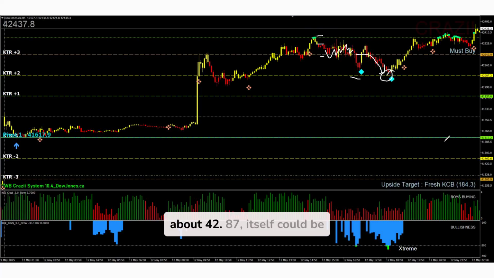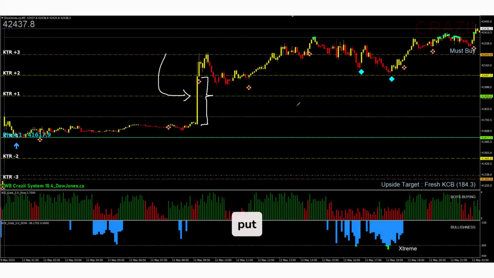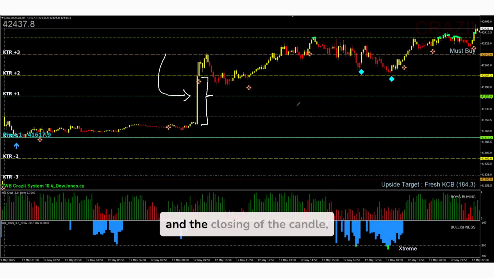I told him that 42.87 itself could be there, but I gave him another number. Everybody, I don't mind if you try this. Look at this particular candle. You take the opening and the closing, and look at the size of it. Then you take your index finger and your thumb and put them at the opening and the closing of the candle, and you shift it by one step.